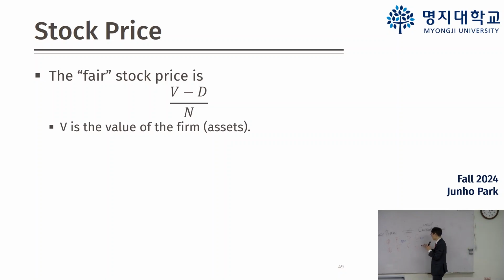And if the current stock price is $10, however, according to our calculation, the fair price is $5, then we can make the opposite transaction. We can sell the shares at this moment, because at this moment the stock is overvalued. So we are selling at $10, which should be $5.